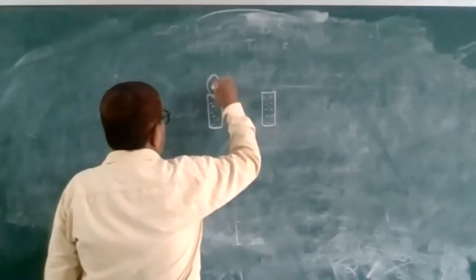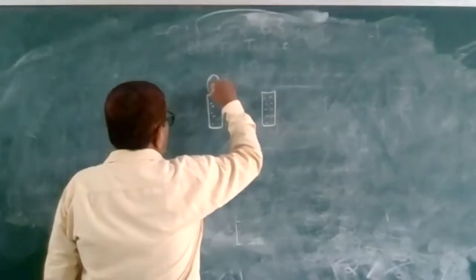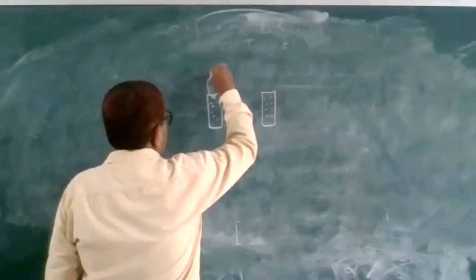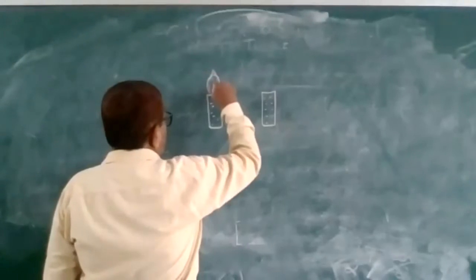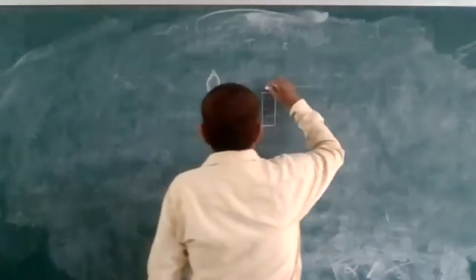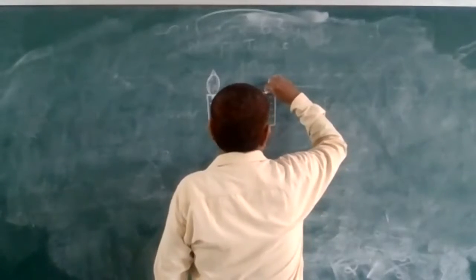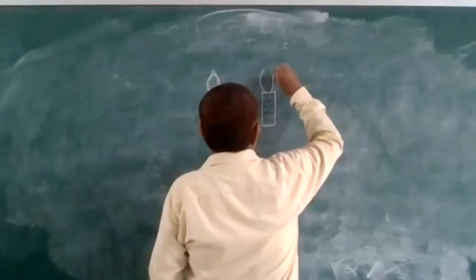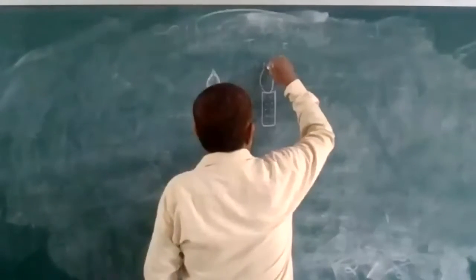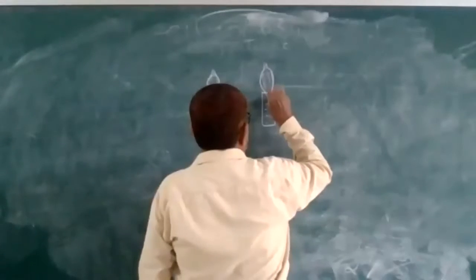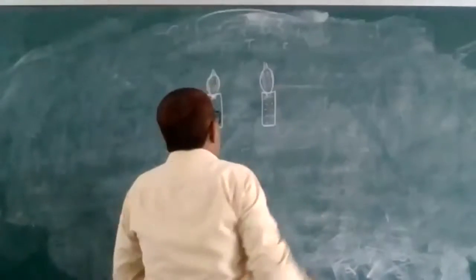Roots are there, and this is the onion bulb. You also have to take another onion bulb, and roots are there.